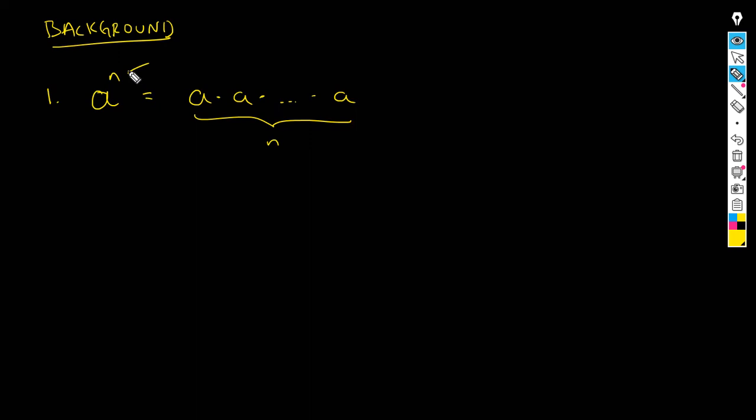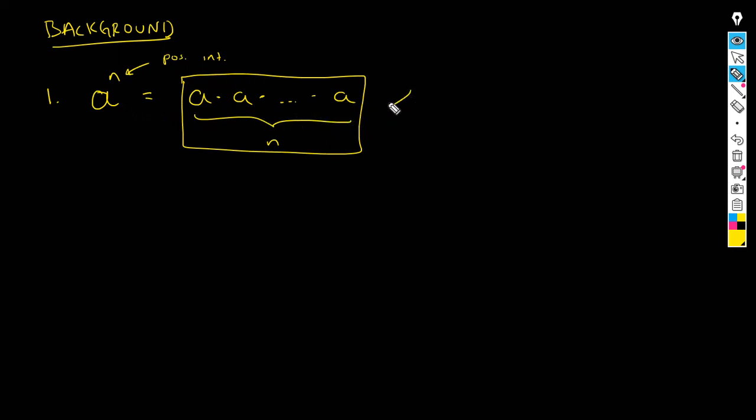And I'm referring to the specific case in which n is a positive integer. So in the case of n, a positive integer, all that this symbol means, a to the n, is just this thing. And that is the easiest way to understand exponents. It is the easiest case to understand exponents.